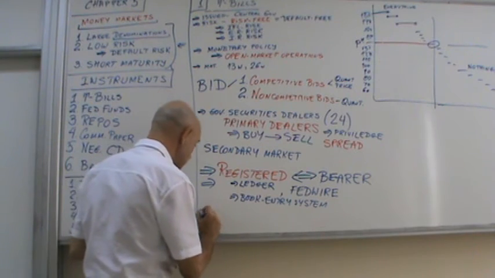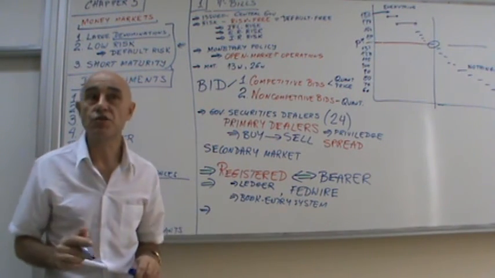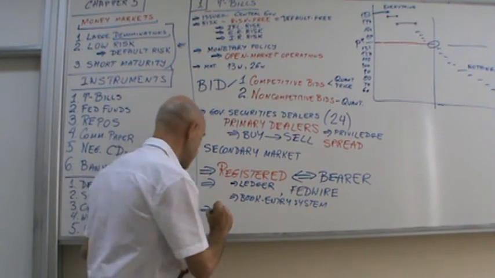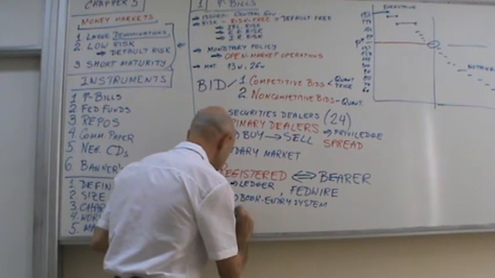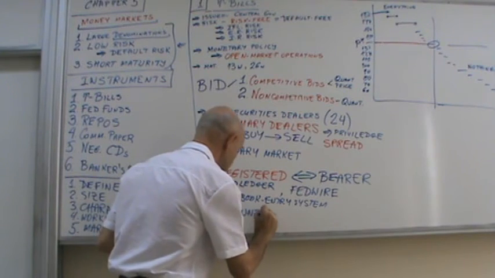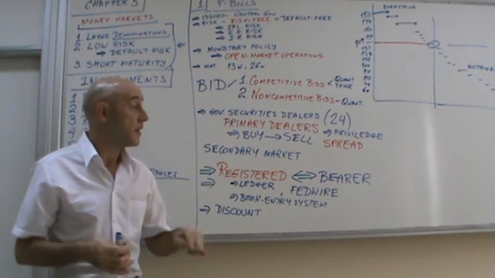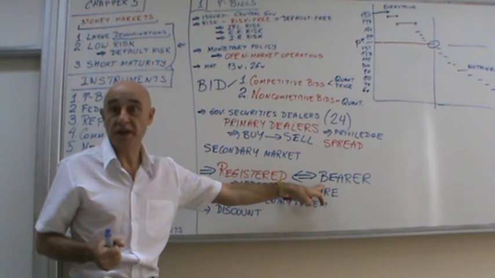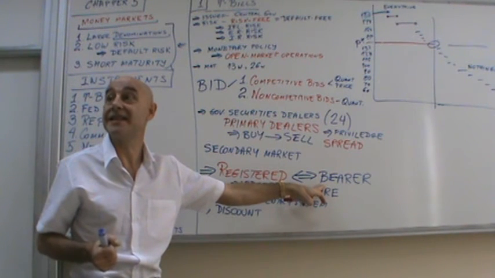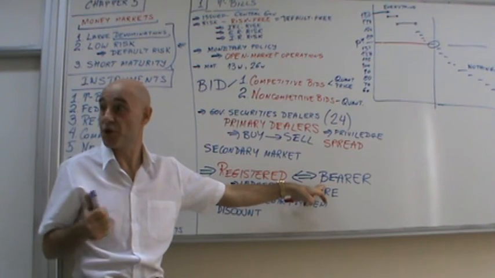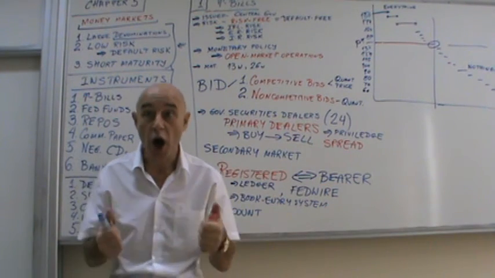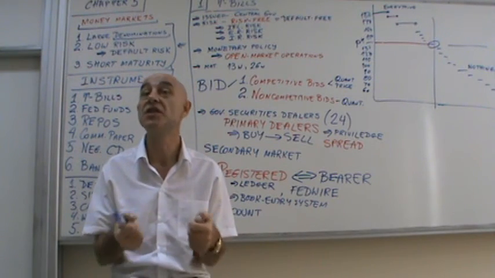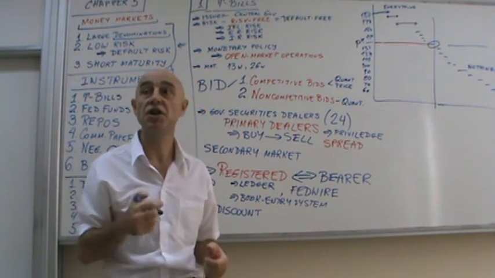Okay, next one. These instruments sell at a discount. Now, a bearer instrument is an instrument that is paid at maturity to the holder, meaning the person who bears the instrument to the issuer.